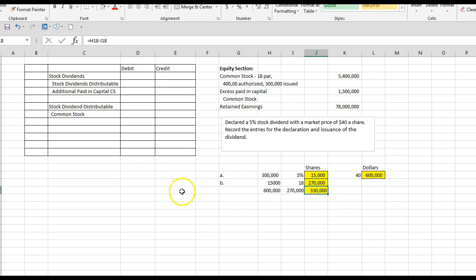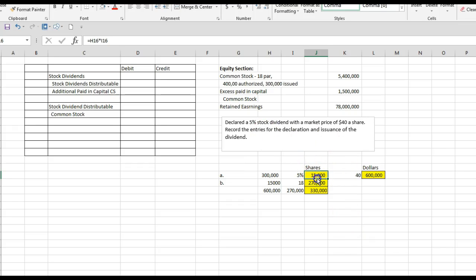So, if we have a 5% stock dividend at a market price of $40, there's a couple of things we have to do here first. First, we have to figure out how many shares we're talking. We have 300,000 issued, so that's 300,000 times 5%. That's 15,000 shares.